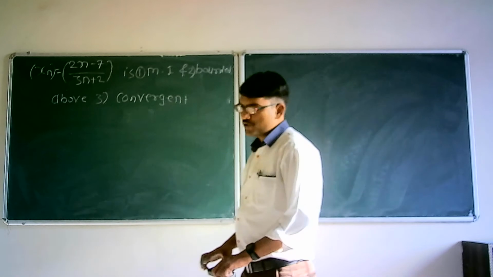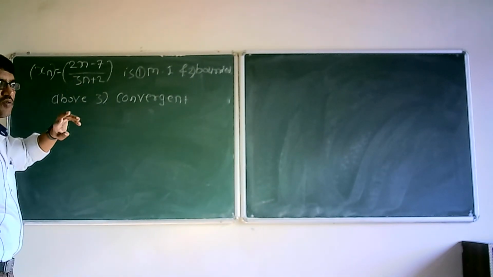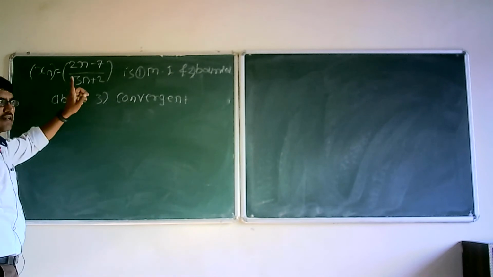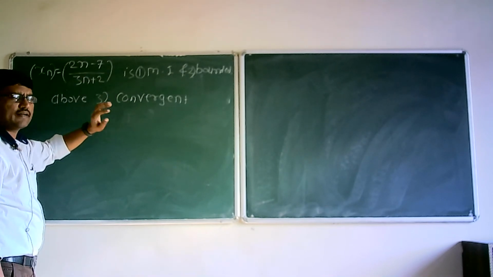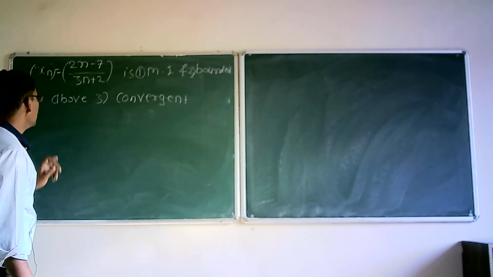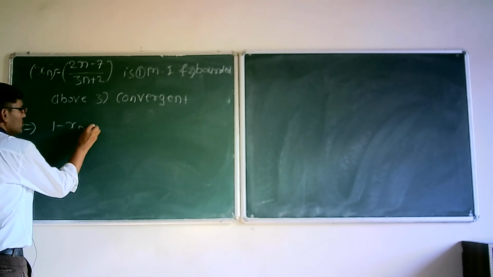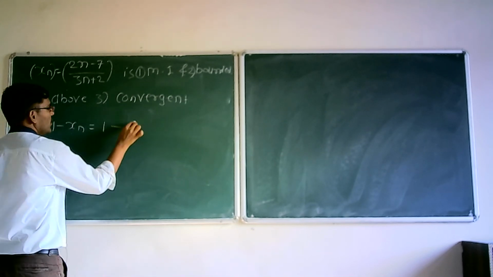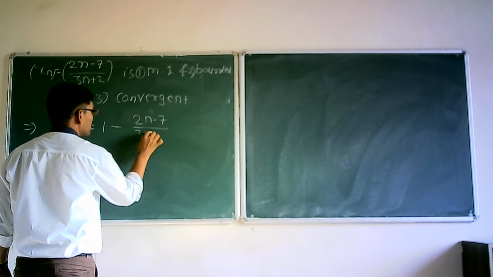If you write a few terms of this sequence, you can guess that all these terms are less than or equal to 1. So I am writing here 1 minus xn. What is 1 minus xn? It is 1 minus twice n minus 7 divided by thrice n plus 2.